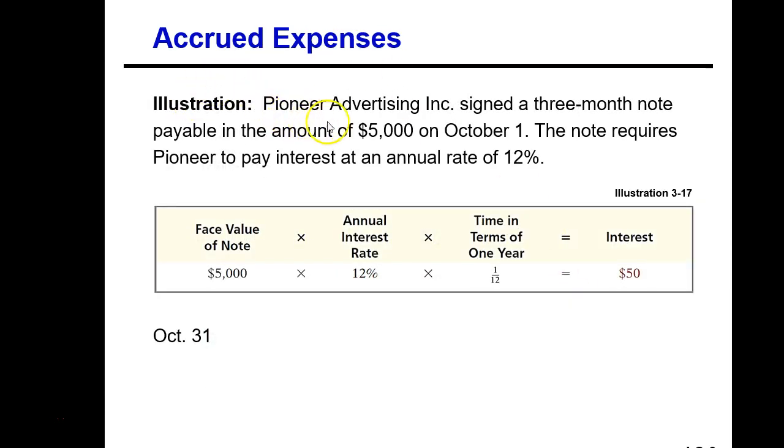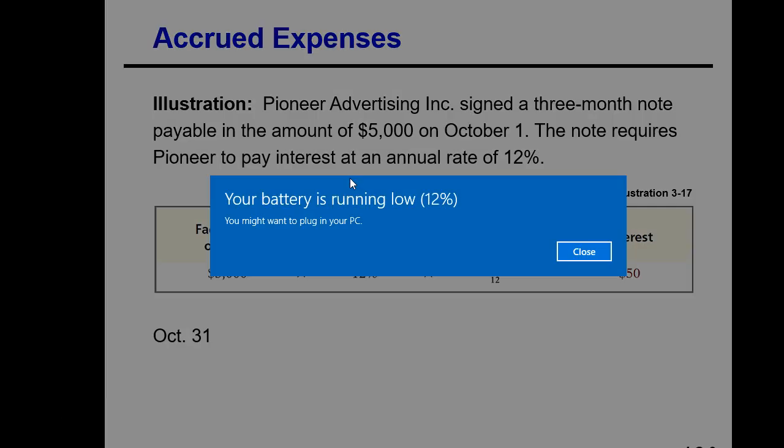We have Pioneer Advertising signed a 3-month note payable in the amount of $5,000 on October the 1st. The note requires Pioneer to pay interest at an annual rate of 12%. Well, October 31st is the end of our accounting period.